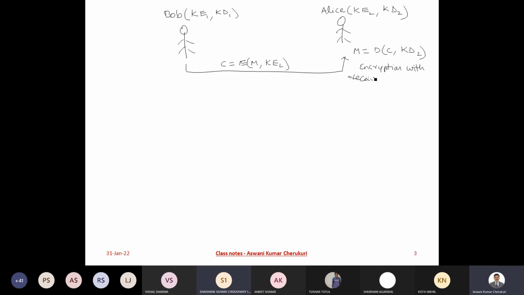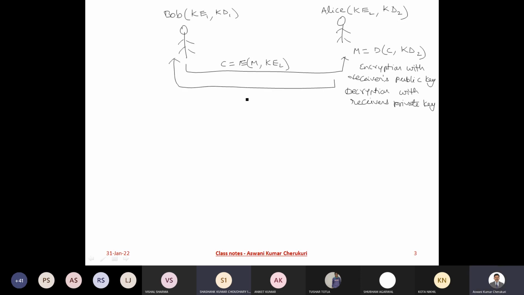So encryption is with the receiver's public key, and decryption with the receiver's private key. Is it not? Yes, sir.